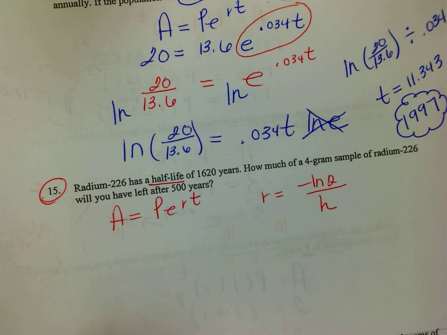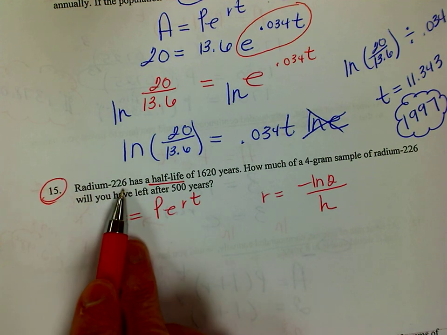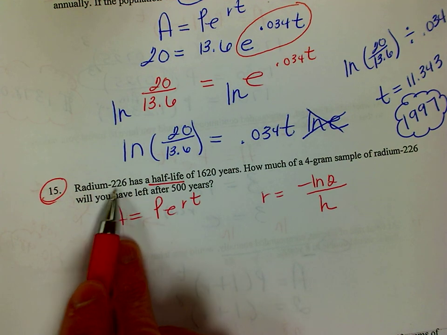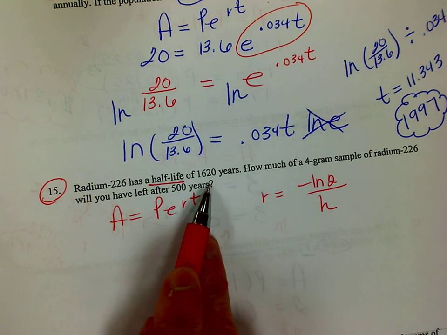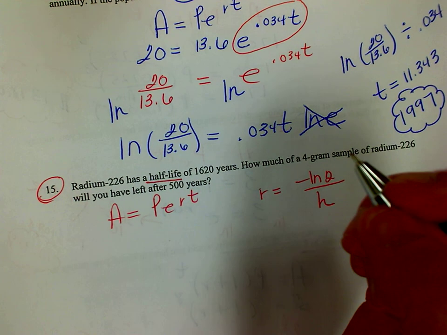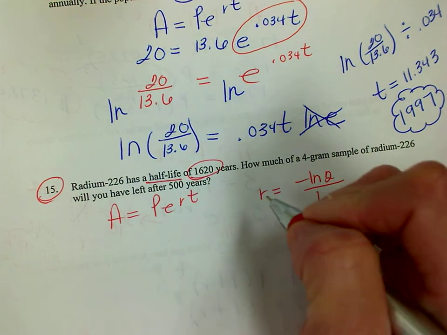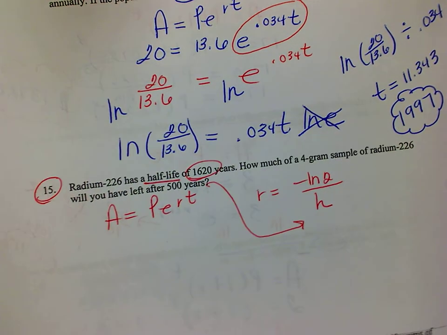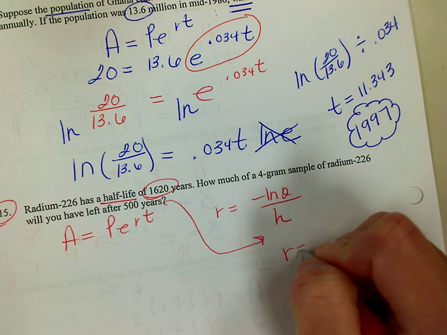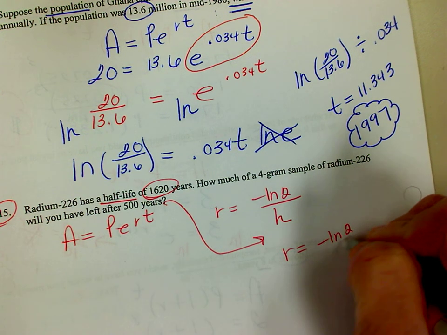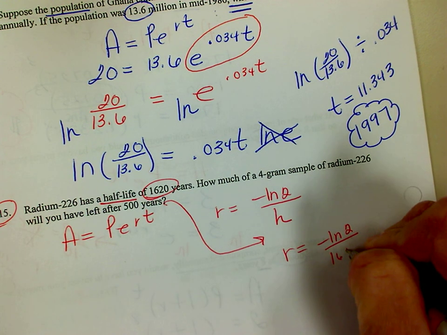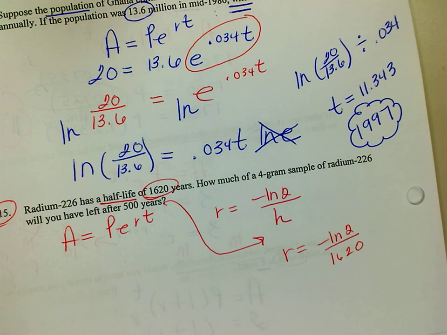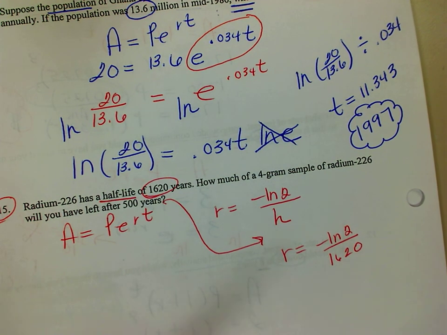All right, so this radium-226, this 226 is not going to go in your formula. That's just the chemical we're talking about. I know the half-life is 1620, so I'm going to put 1620 in for h. Okay, I'm going to go ahead and figure out what that is in my calculator.